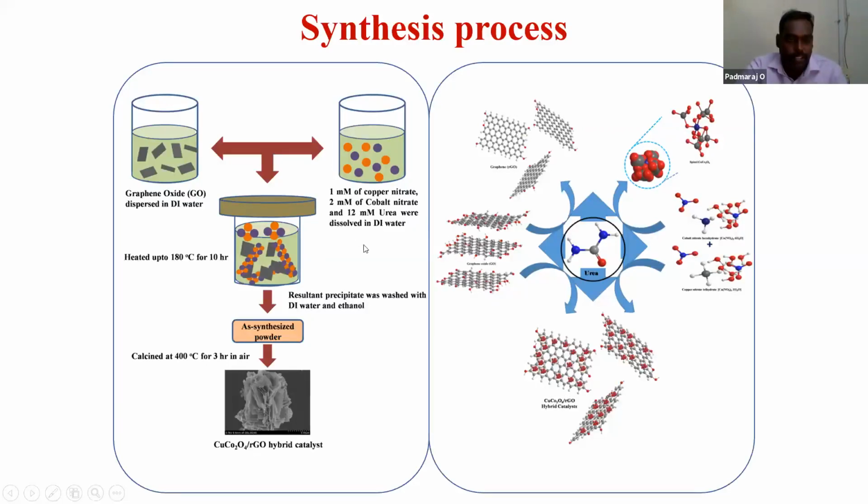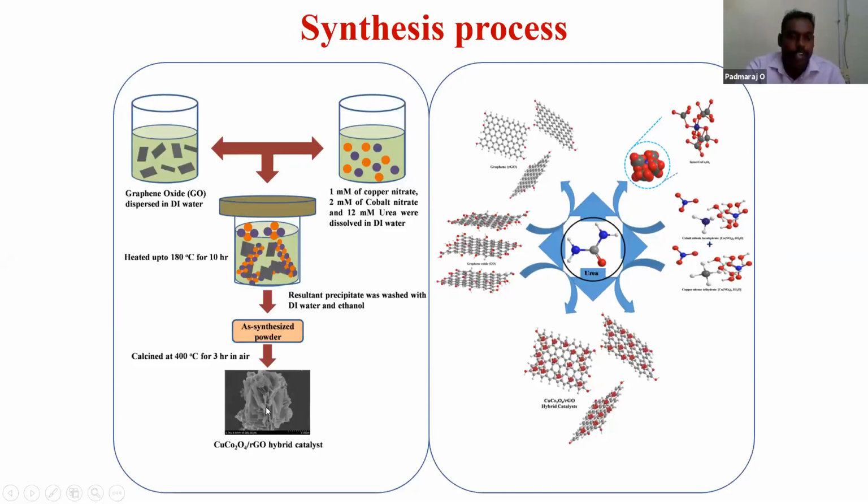This is graphene oxide, prepared by the Hummers method and dispersed in water, and the precursors are also dispersed in water. Then I did ultrasonication with a sonication probe, and it was transferred to a Teflon-sealed autoclave and heated to 180 degrees for 12 hours.